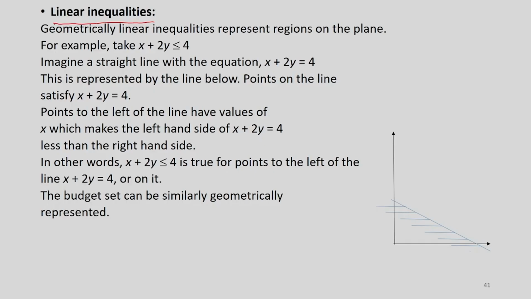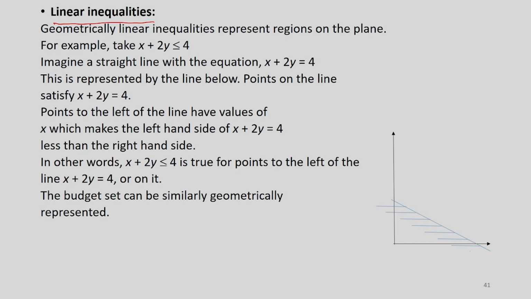Geometrically, linear inequalities represent regions on the plane. So, they are not straight lines, they are regions. For example, take x plus 2y is less than or equal to 4. This will represent a region, but which region?